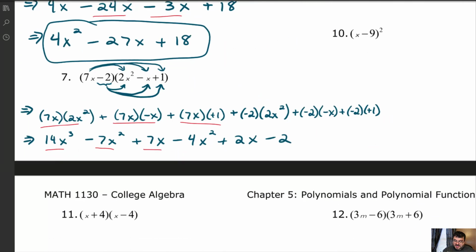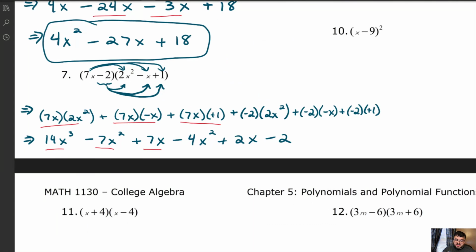And then, of course, the last step is combine any like terms that you might see going on here. So if you look here, the minus 7x squared and the minus 4x squared, those are like each other. Also, 7x and 2x make 9x. So we want to combine all these to simplify it, because the homework will want us to simplify a little bit.